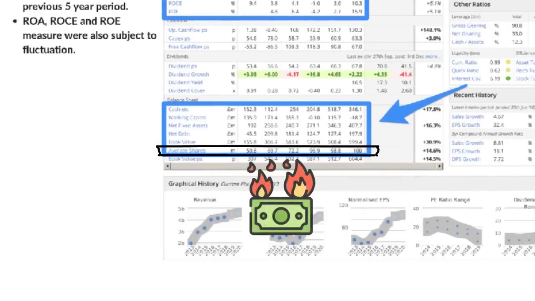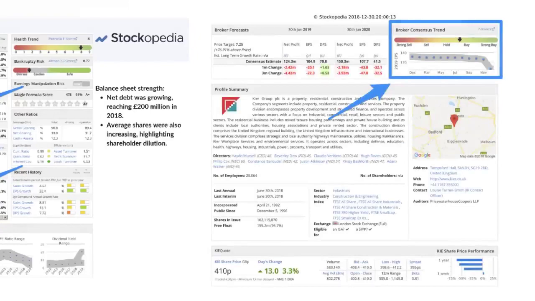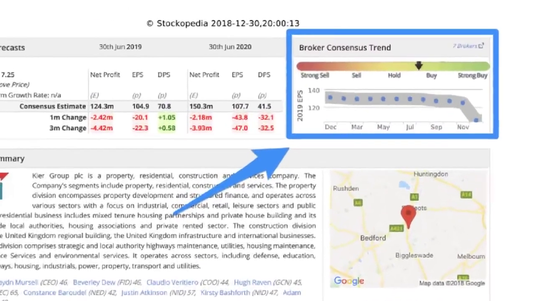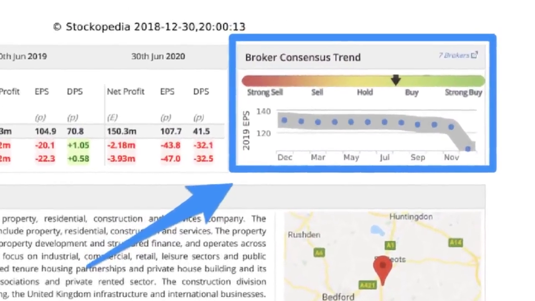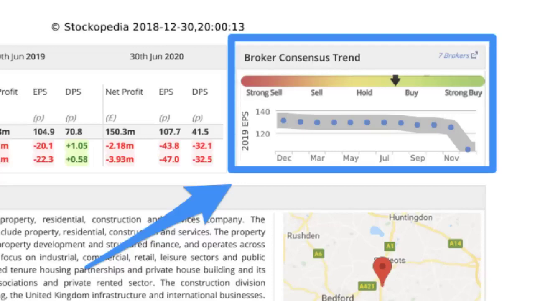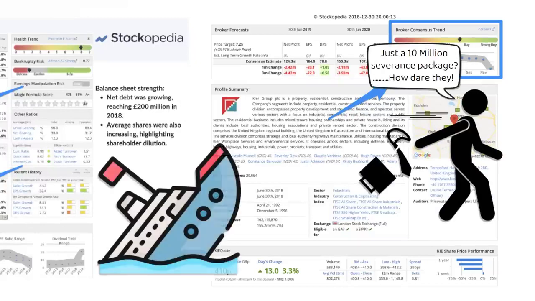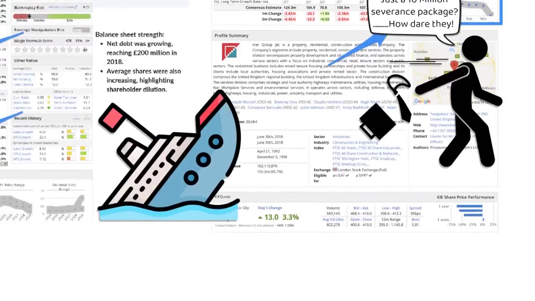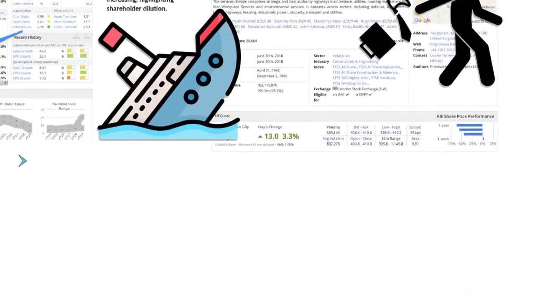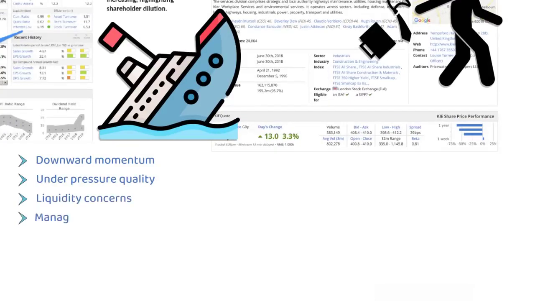The bad shape of fundamentals led to downward earnings revisions by analysts covering the stock, and the downward spiral was further accentuated by the resignation of the company's CEO. To top it all up, the industry was in bad shape, with its peers going belly up. In a nutshell, the company had a downward momentum, under pressure quality, liquidity concerns, management changes, and collapsing peers.